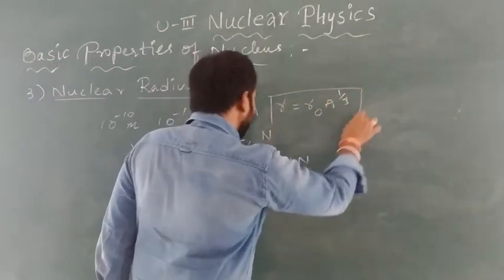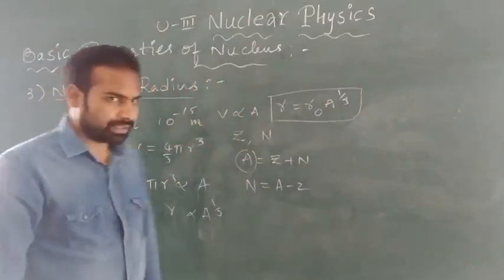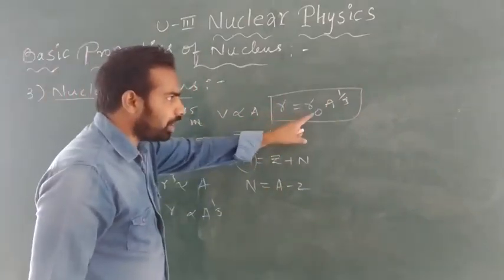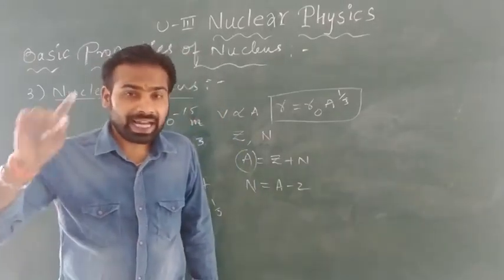This is the empirical formula to find the radius of the nucleus: R equals R naught A power 1 by 3.